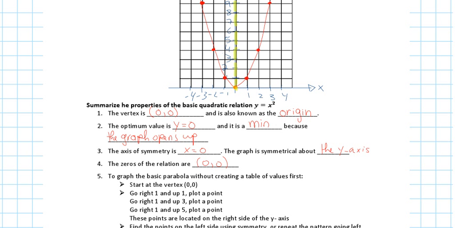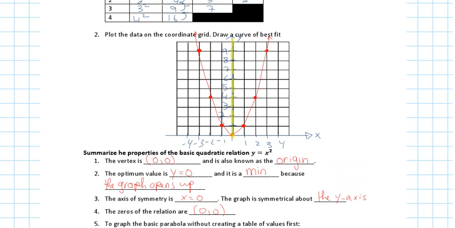If I look at the graph, I'm going to start with my vertex. How many units do I have to go up, and how many units to the right, to get to the first point? I had to go up 1, over 1, to get to my next point.